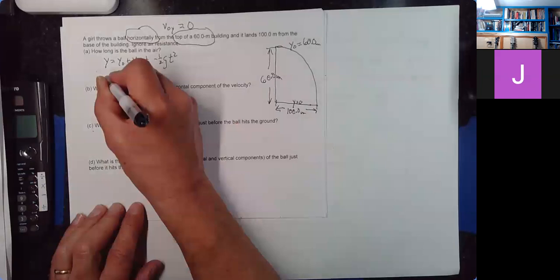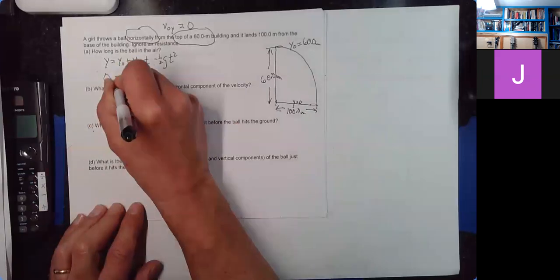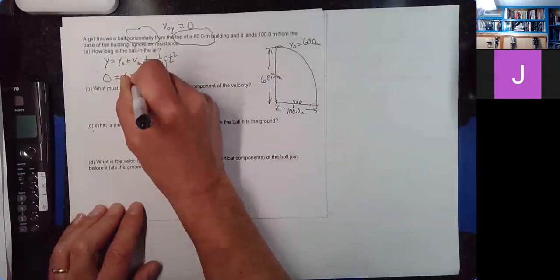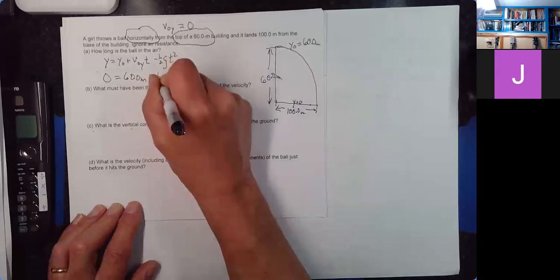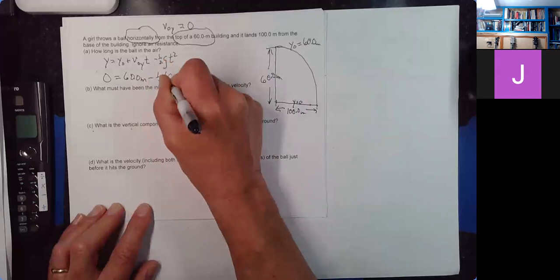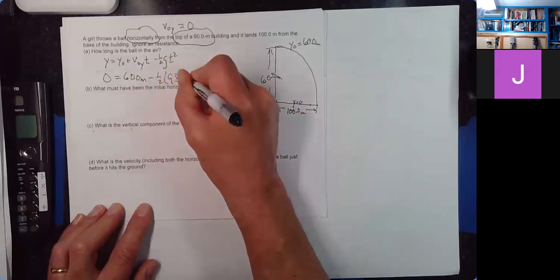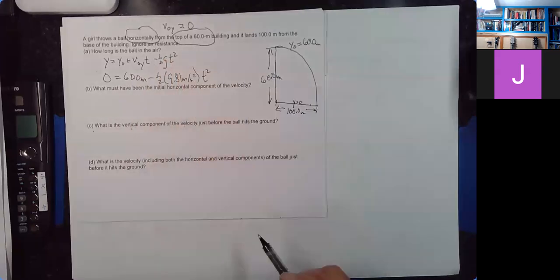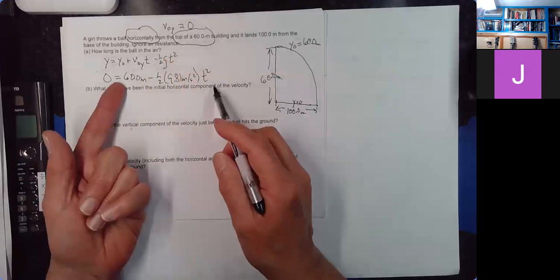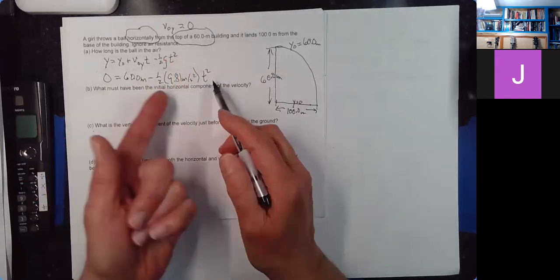So here's this equation translated into when the ball hits the ground. I would have 0 is equal to 60.0 meters minus 1/2 times 9.81 meters per second squared times t squared. Now the only thing I don't know in this equation is t.